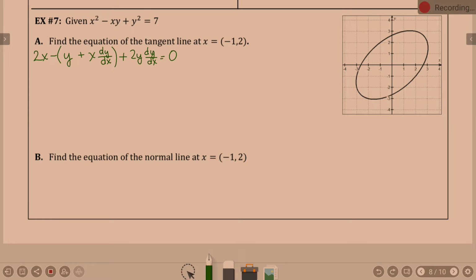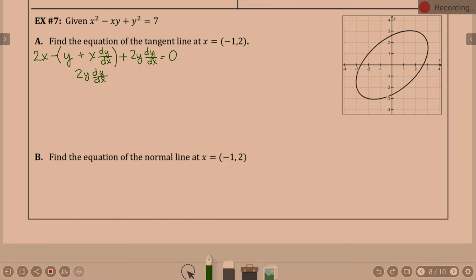Now what? Clean up. You want everything with dy/dx on the same side and everything else on the other. So I'm going to keep the dy/dx terms on the left and write 2y dy/dx.